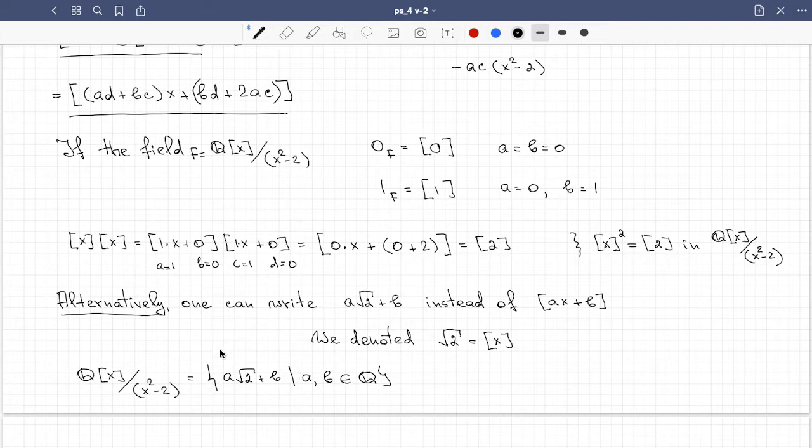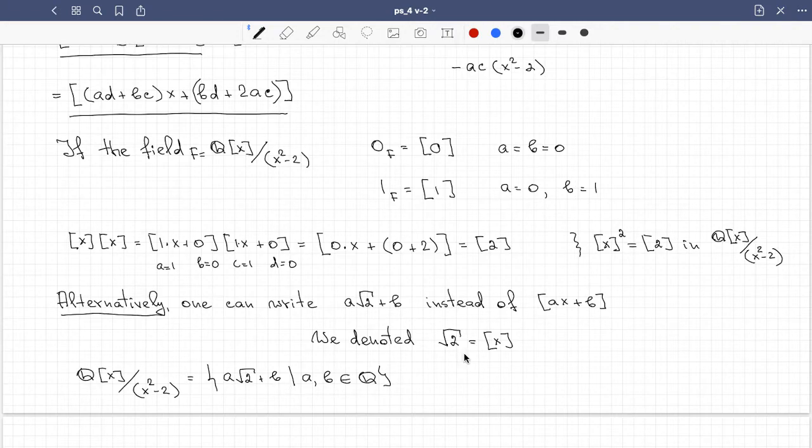You may check that, operating as with real numbers, this is a field, and this becomes in this way a subfield of the field of real numbers. There is an ambiguity which I'm not going to discuss.